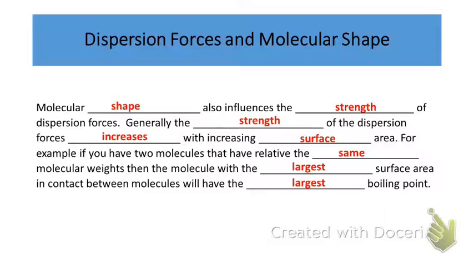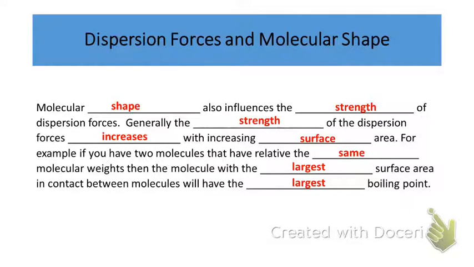Now there's another factor besides molecular weight or dispersion forces that influences the boiling and melting points. The molecular shape is also an important factor. The molecular shape also influences the strength of the dispersion forces. Generally, the strength of the dispersion forces increases with increasing surface area.